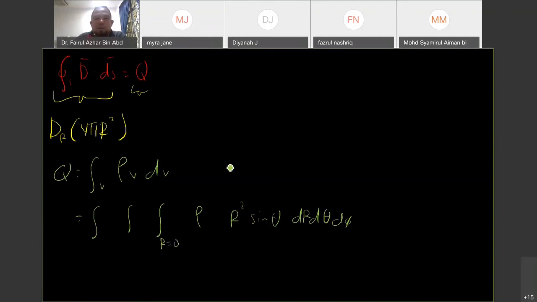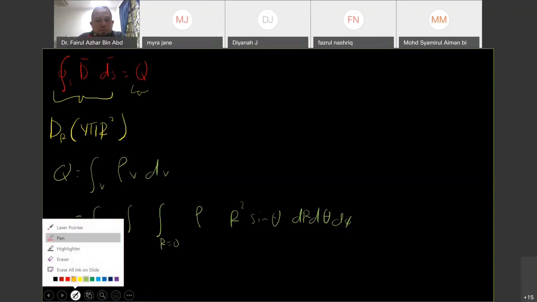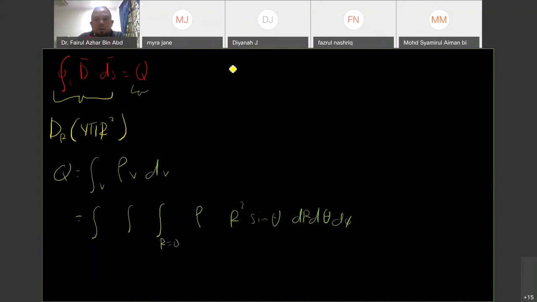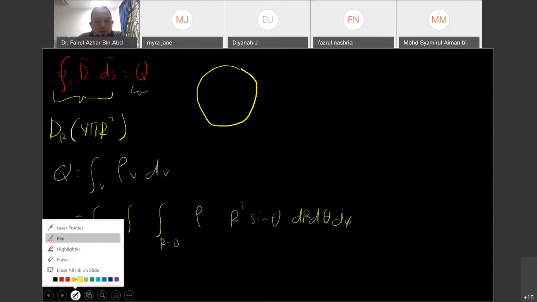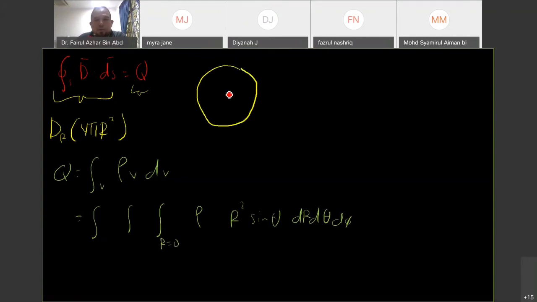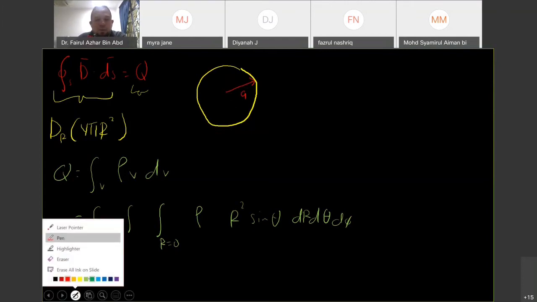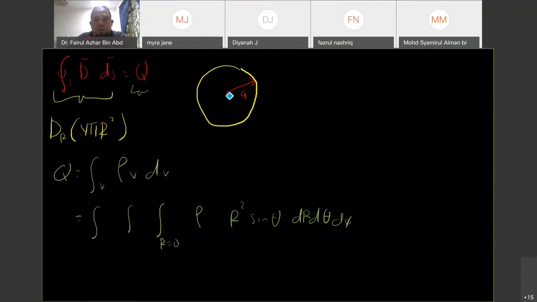In the previous question, let's say we have a charge here and the radius for that charge is equal to a, and we need to find the total charge that exists inside this radius. So the r value is considered from 0, for example, until here.